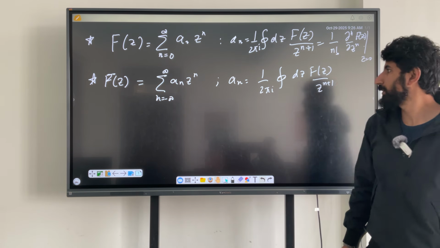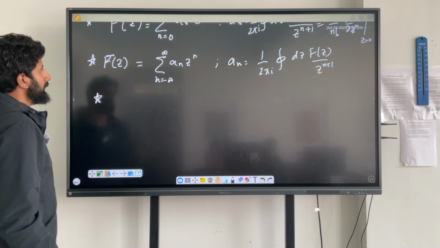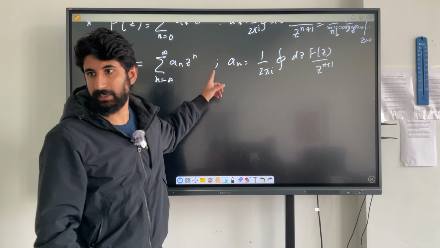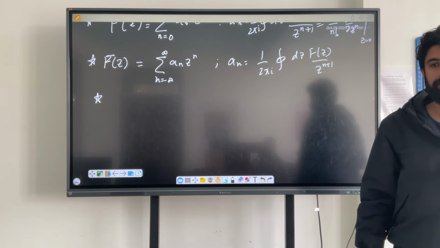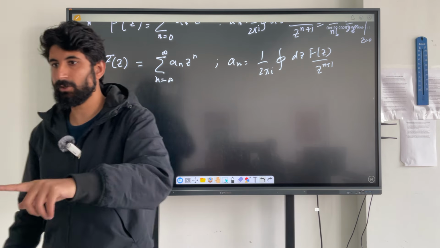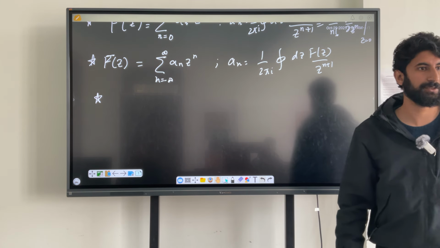But then we learned an important thing, that there is a special coefficient a minus 1 here, which we called the residue, and it gave us the integral of the function around this isolated singularity.